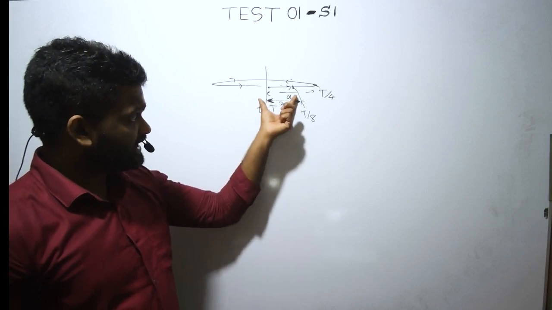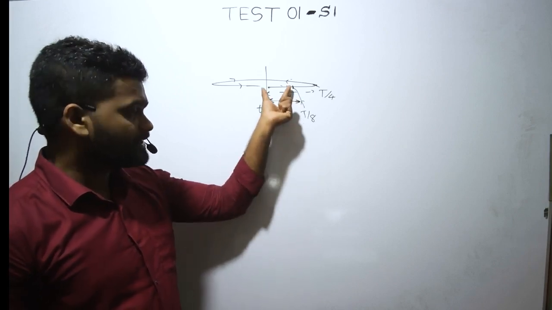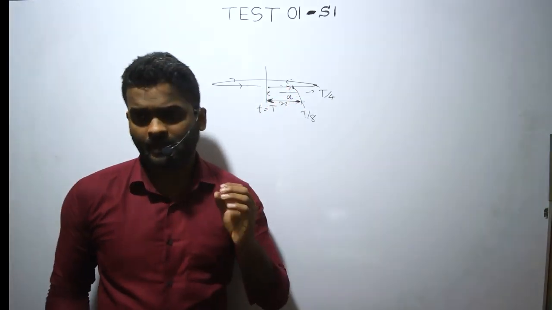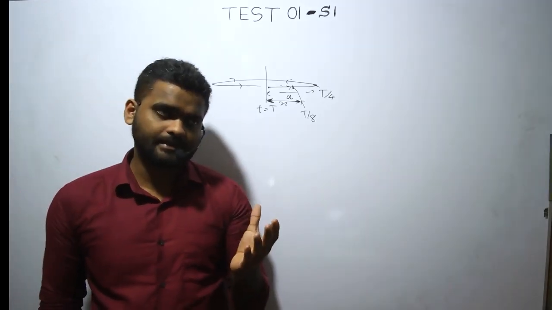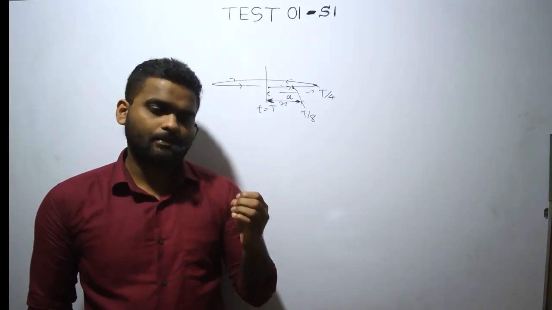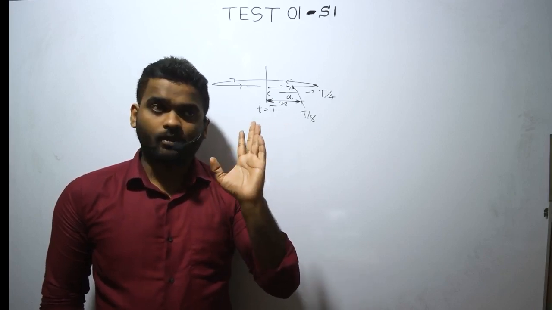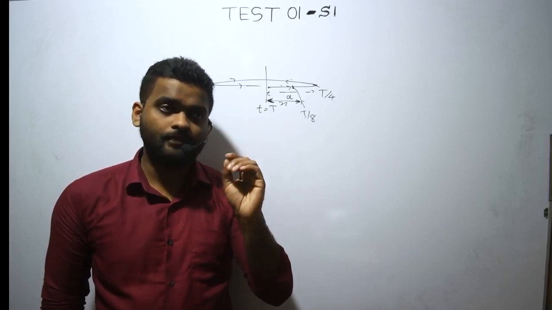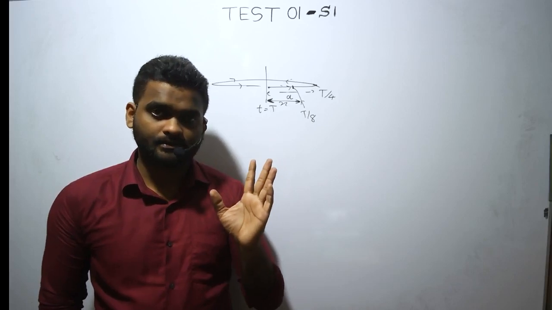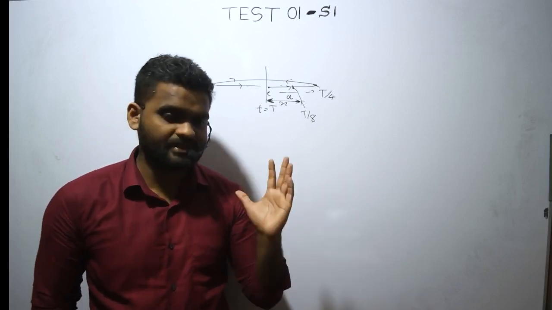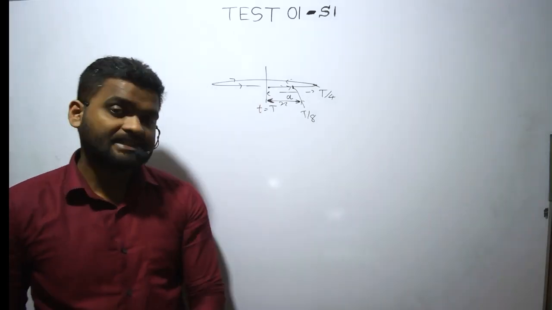So within this time period T over 8 it moves a larger distance. To calculate that distance, you cannot apply linear motion equations, because those equations are applicable only for constant acceleration. None of those equations can be applied in a question like this.